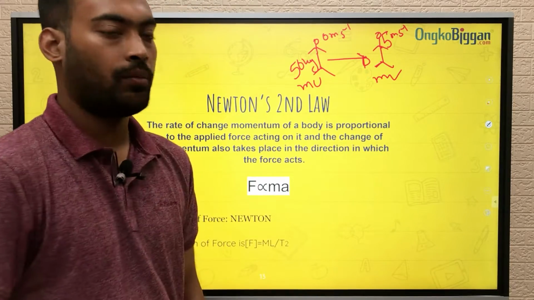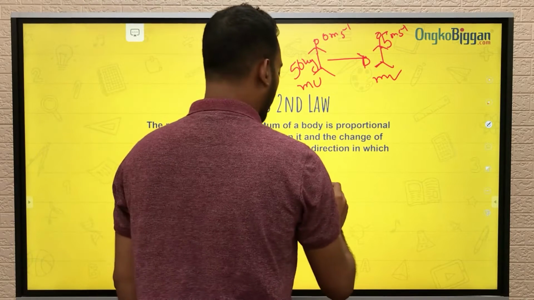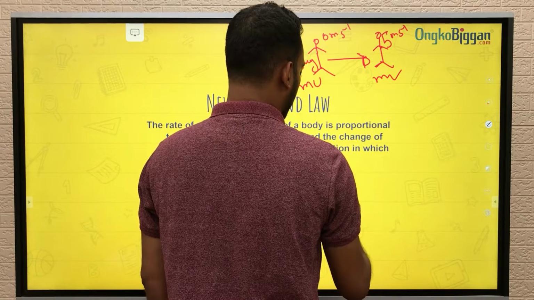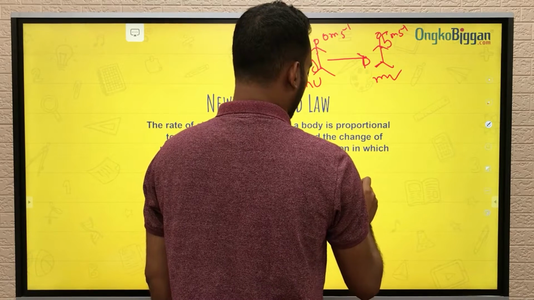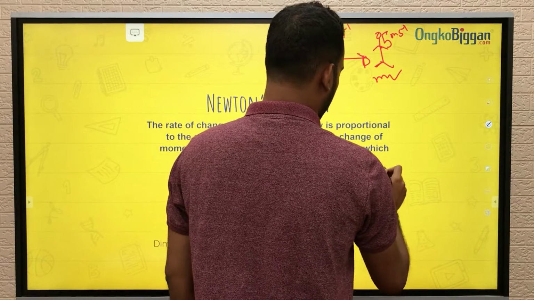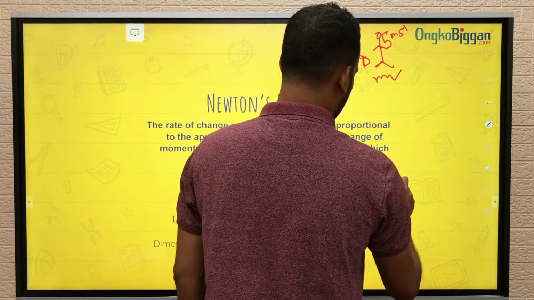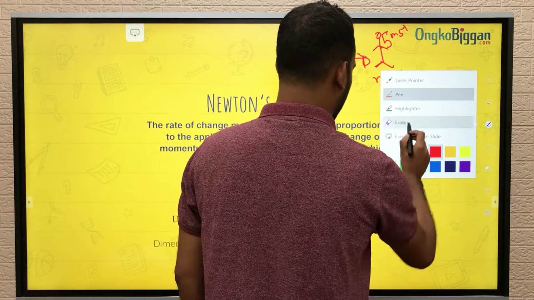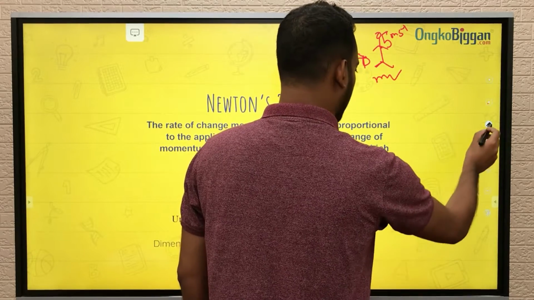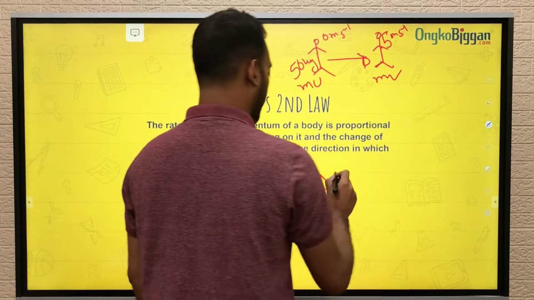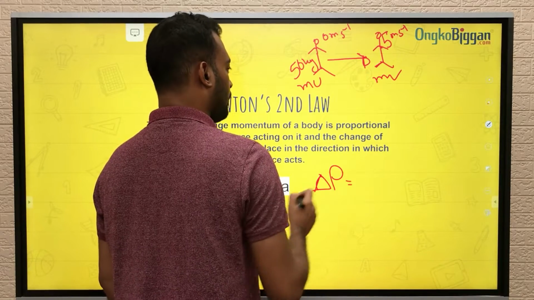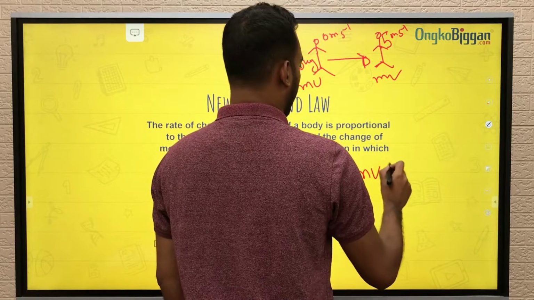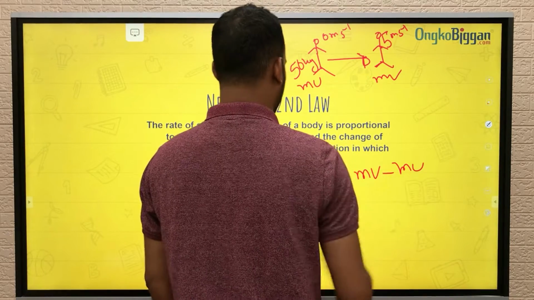Now what is the change of momentum? I can write the change of momentum as del p, because p is the symbol of momentum. Del p is equal to mv minus mu.